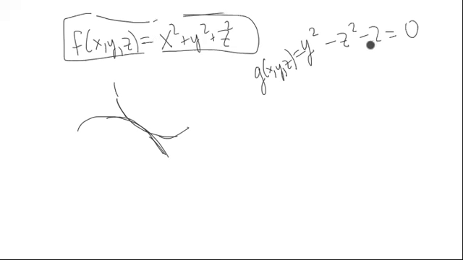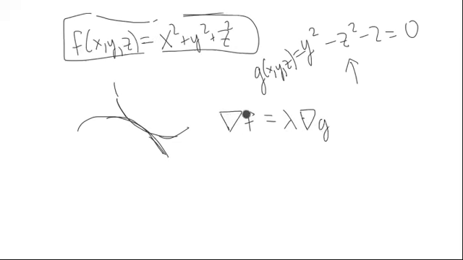So we're going to make sure we're staying on this level surface. This will be one of our required equations for our points x, y, z. But we also want the gradients of these two to be parallel to each other. So we want gradient f to be equal to some scalar multiple of gradient g.